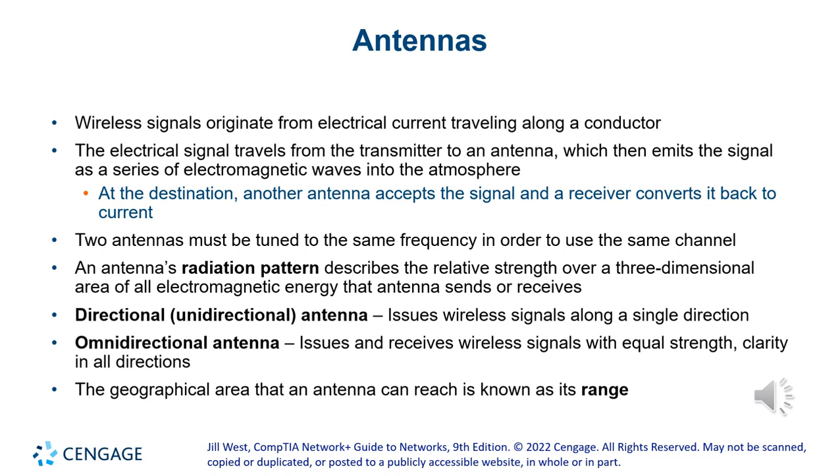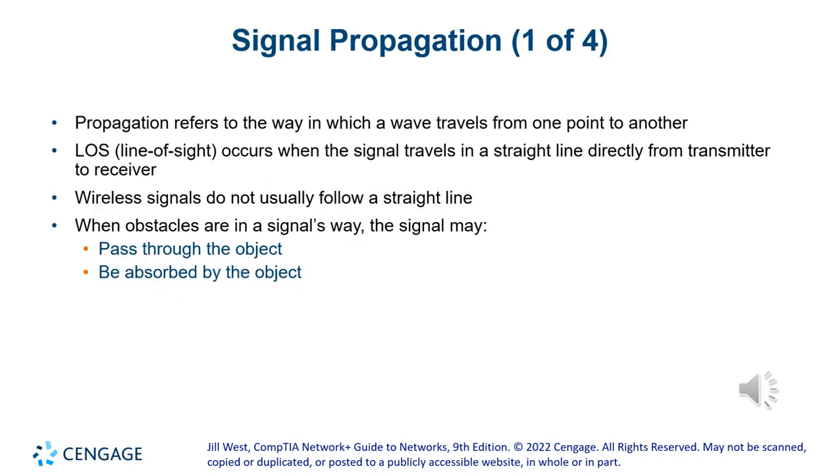Depends on where the antenna is. That's going to determine your range of signal: how the antenna is built, what type of antenna it is, and also how much power you send into it. It will define how far the antenna is going to go. So based on that pattern, the radiation pattern, you can see where the antenna is going to propagate, in which direction it's going to go.